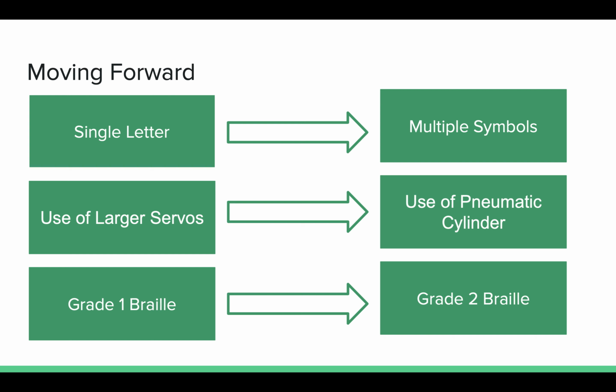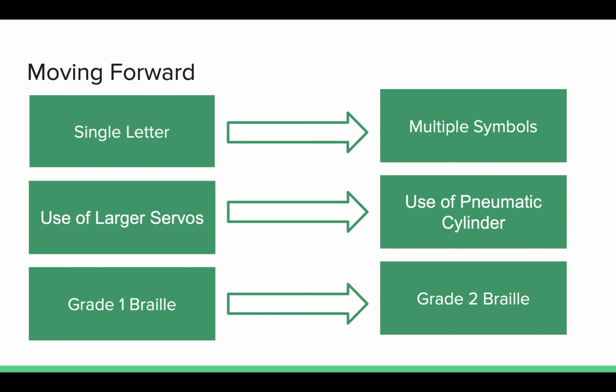Overall, the device remains to be not as accessible, and it's not really consumer friendly. For example, it only shows one letter at a time, and many readers may forget previous letters, especially in longer words. To solve this, we could add a lot of servos so each symbol gets their own set of 6 servos.